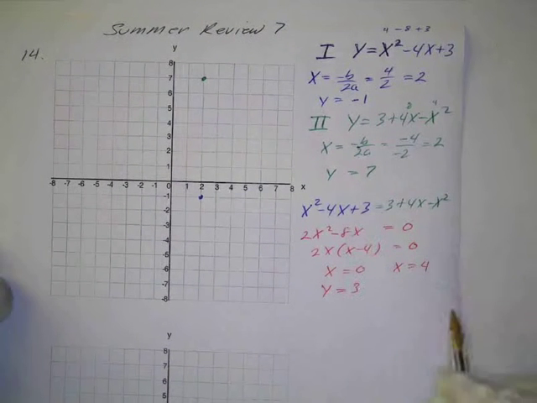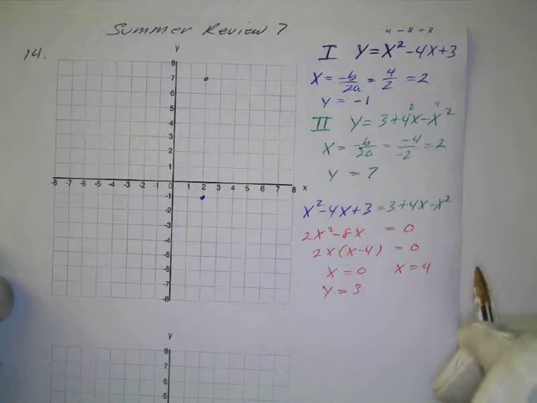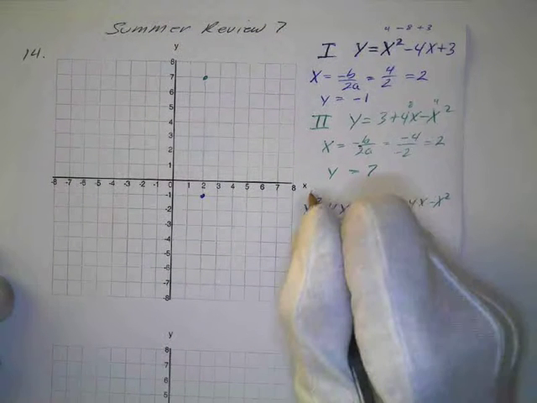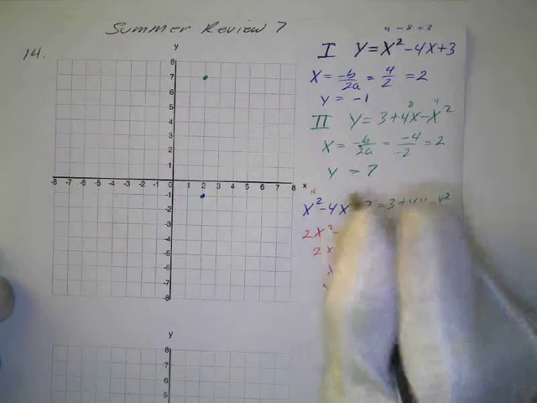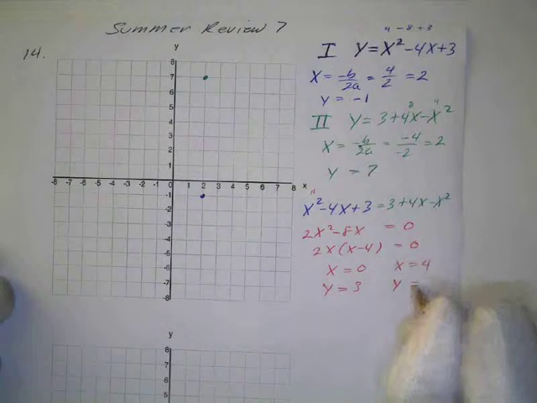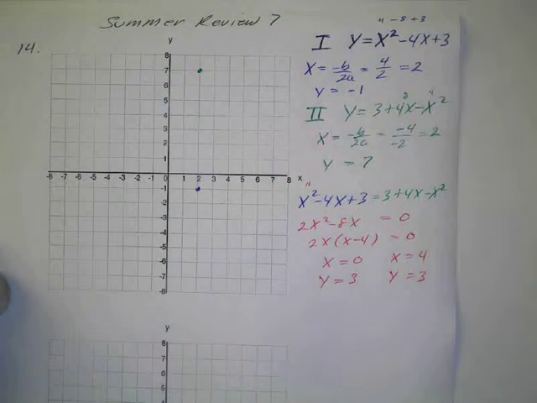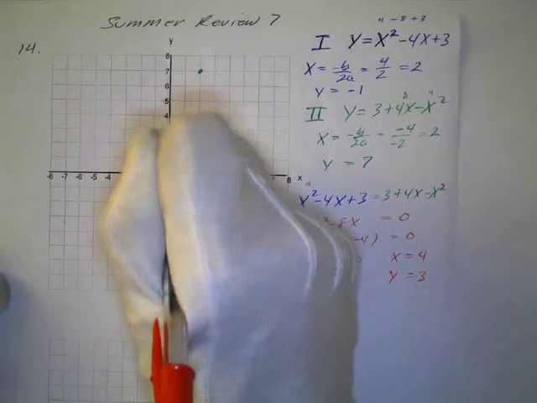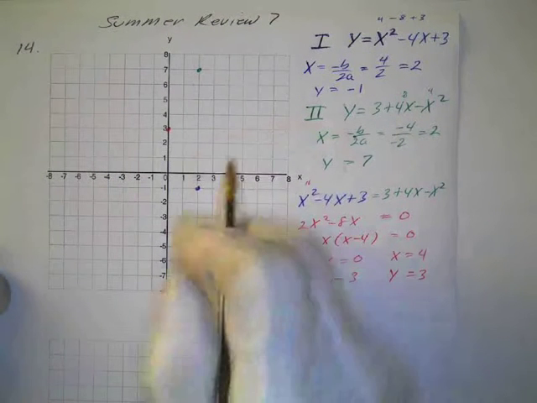And if I put 4 in here, I've got 16 minus 16, I get 3 again. So those are my points of intersection. So I have 0, 3, and then I have 4, 3.